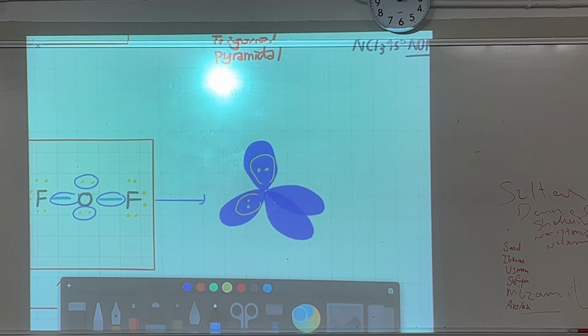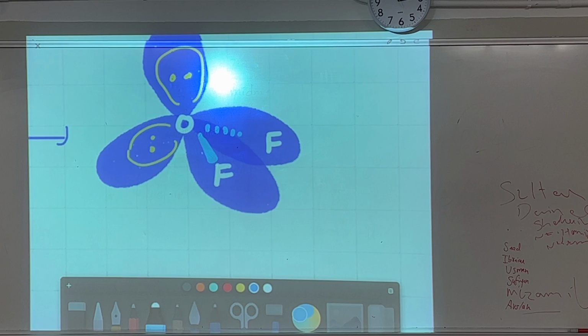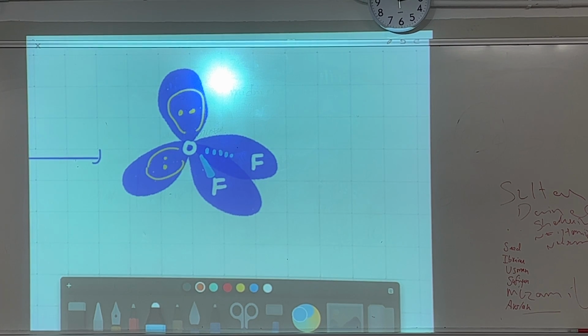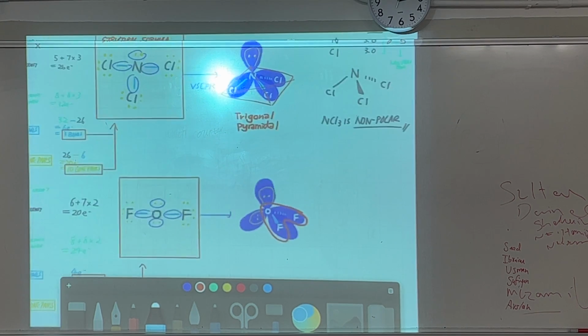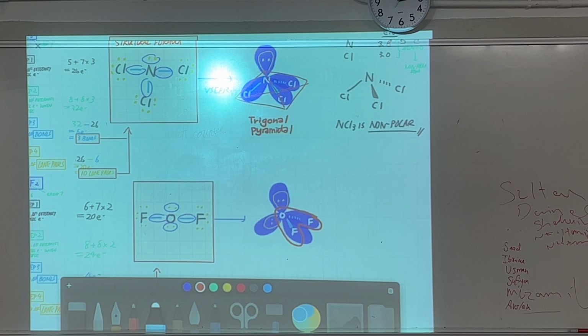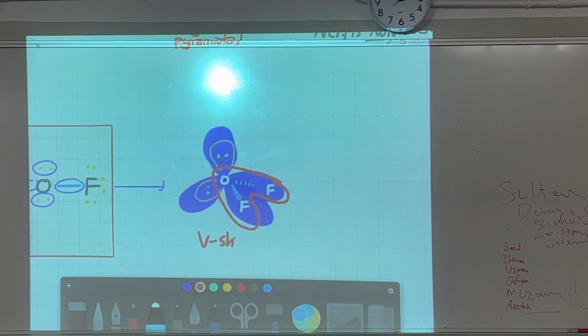So you draw it like this, and then you put the O in here, and the F in here. Finally, which part of this molecule can you see? A V. So can you draw a boundary around the part that you can actually see? This looks like the letter V. So this is V shape or bent.